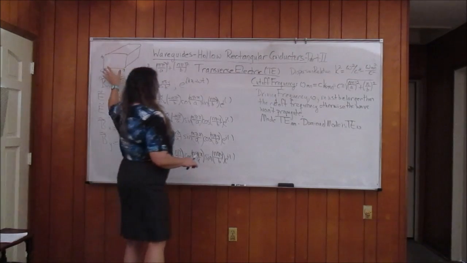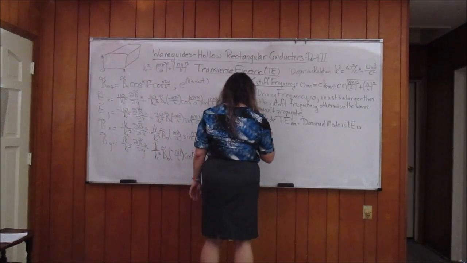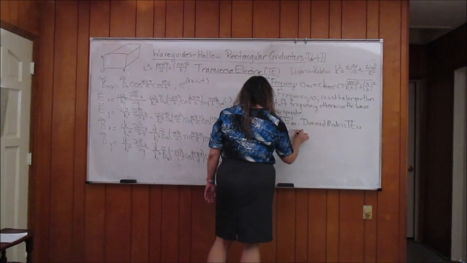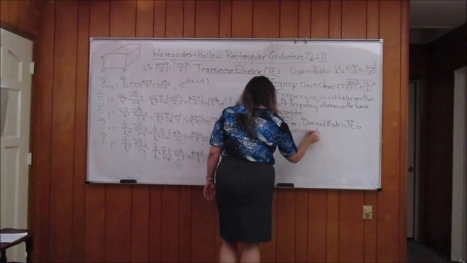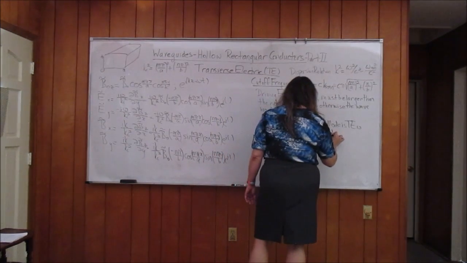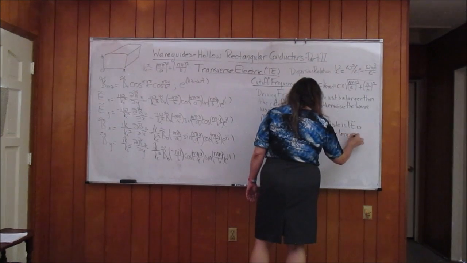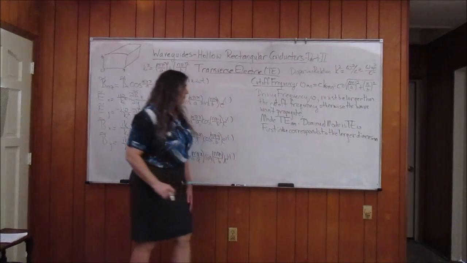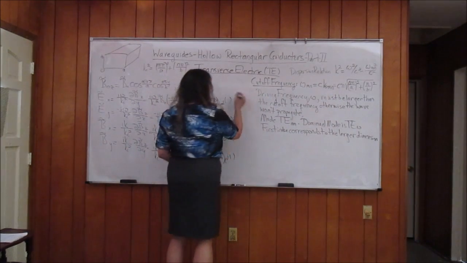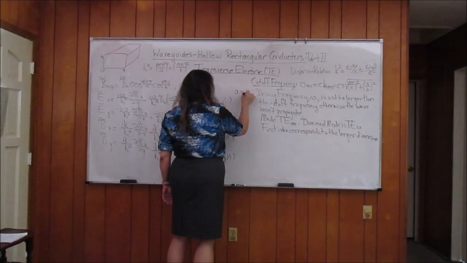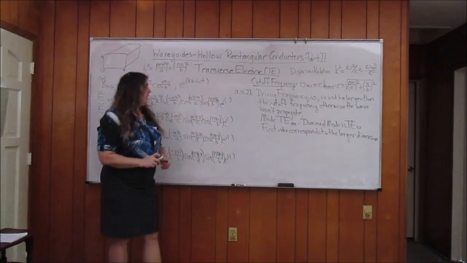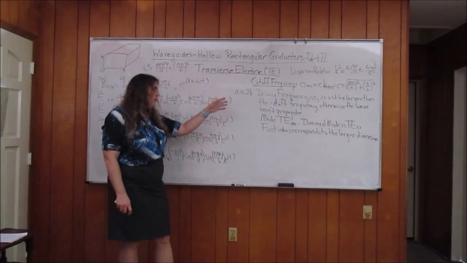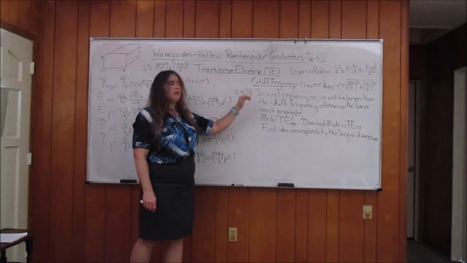So notice I've drawn this rectangular waveguide here. In commercial waveguides, the dimension A is roughly twice as large as dimension B. It's not exactly 2.